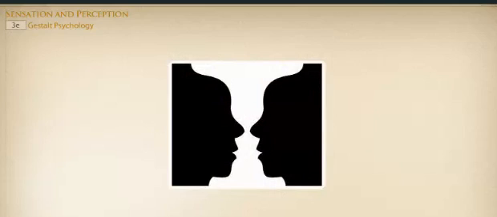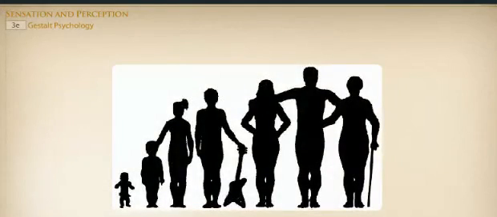So now if you look at this picture, the question is, do you see the faces against a white background, or do you see a white vase against a black background? This is another type of Gestalt phenomenon called figure and ground. When we divide visual displays into figure and ground, it's a fundamental way people organize visual perception.